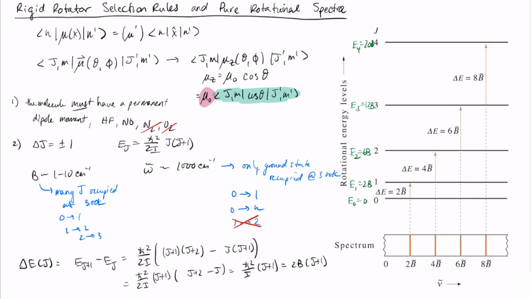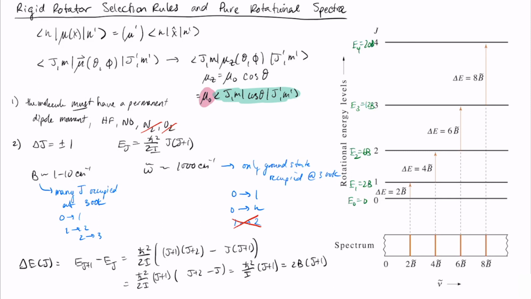And what we just showed before is that the energy of these transitions is 2B times J plus 1. So the 0 to 1 transition, the energy difference between states 0 and 1, will show up as 2B here. The transition from 1 to 2 shows up as 4B, and so you end up with this thing here. The transition from 2 to 3 is 6B.